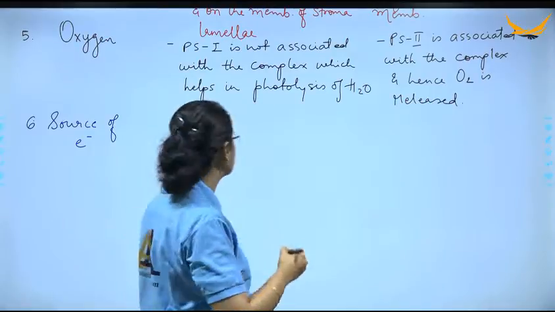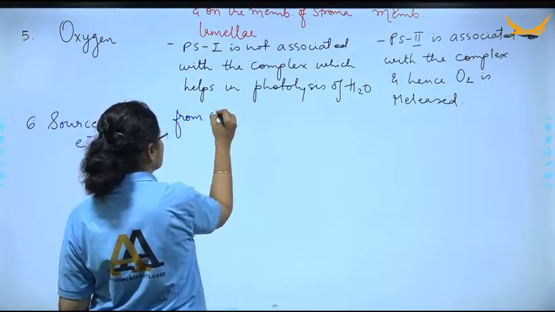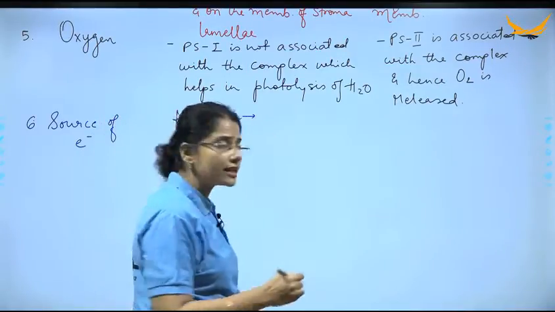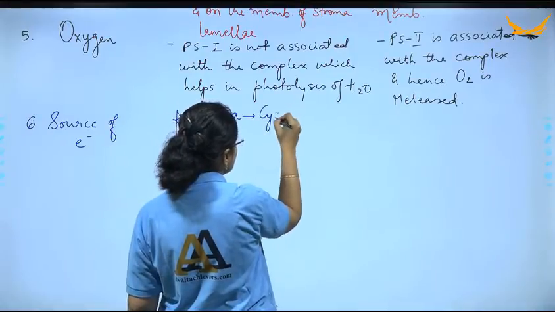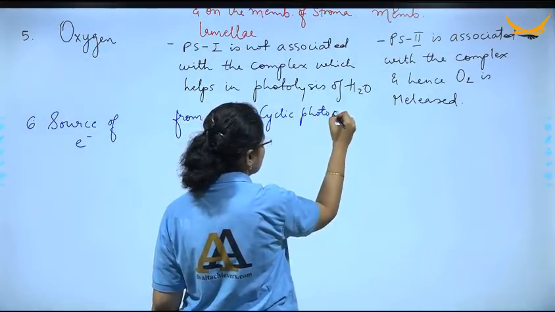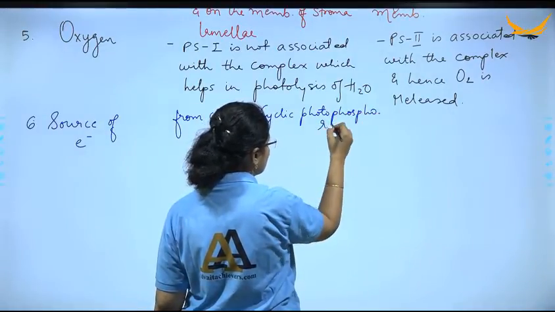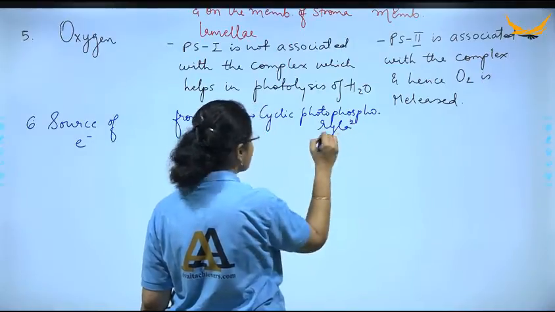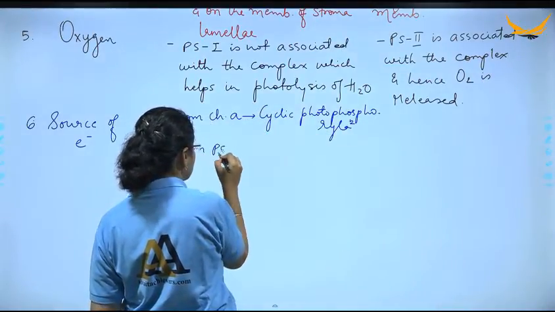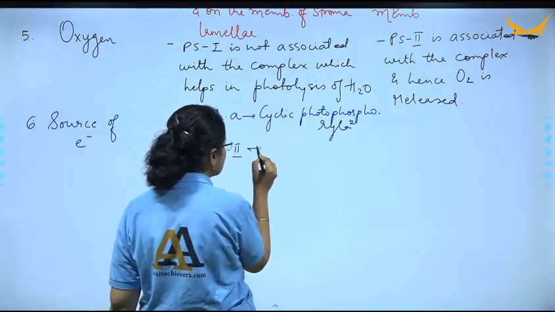So in this case we can write that from chlorophyll A in case of cyclic photophosphorylation. Right? And from PS2 in case of non-cyclic.